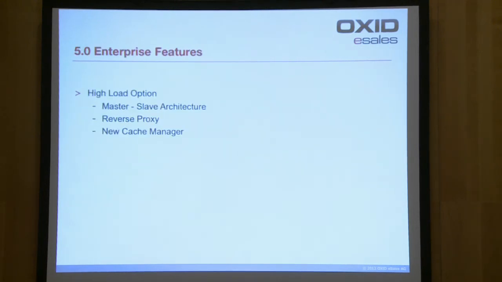This is why we called the Enterprise Edition 5.0 and the Community and Professional Edition not 5.0. We put a lot of effort into having a master-slave architecture and the reverse proxy, and for that we also created a new cache manager in the shop to handle this. That feature of the cache manager, which will grow a lot in the future, is that it will not purge cache by lifetime.